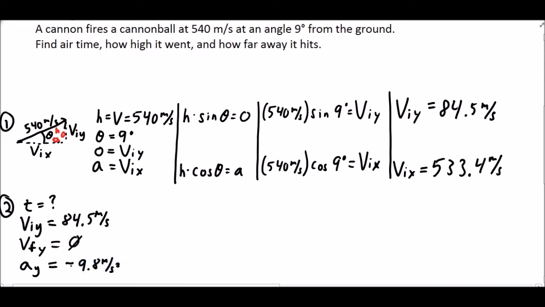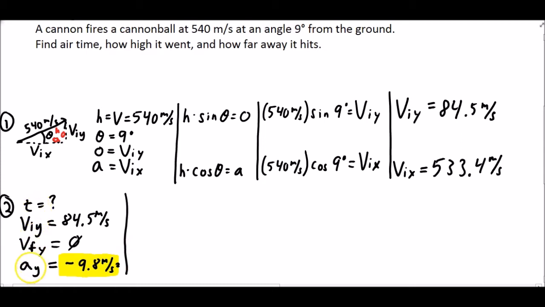That negative is very important. The cannonball is moving upward, but gravity is pulling downward. In fact, I'm going to highlight this right now just to make sure we remember. Okay.